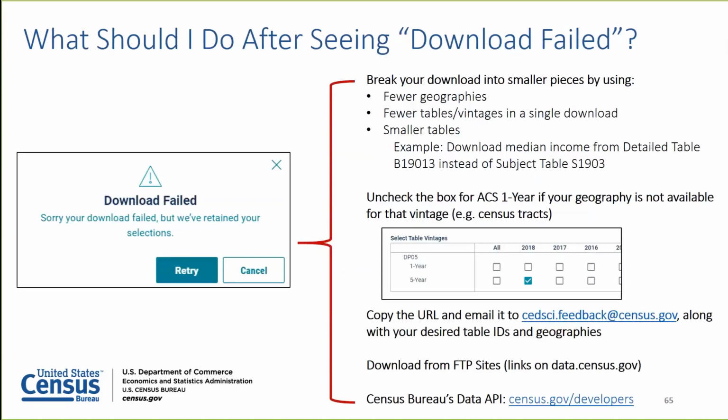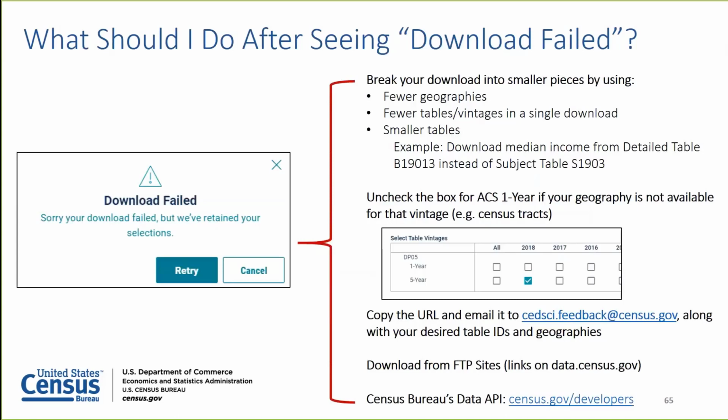One of the questions: what should I do after seeing download failed? When you're pulling lots and lots of information, like all ZCTAs or zip codes in the United States, depending on how big the table is, it's a possibility that the download will fail.